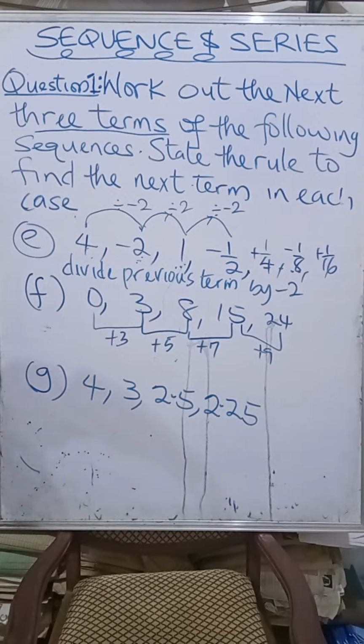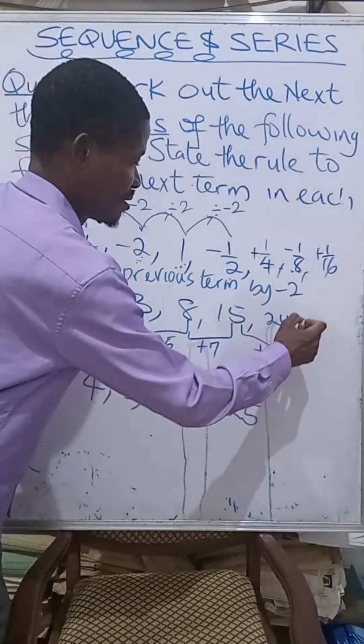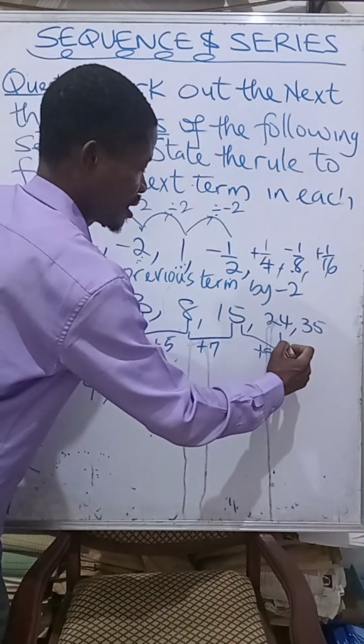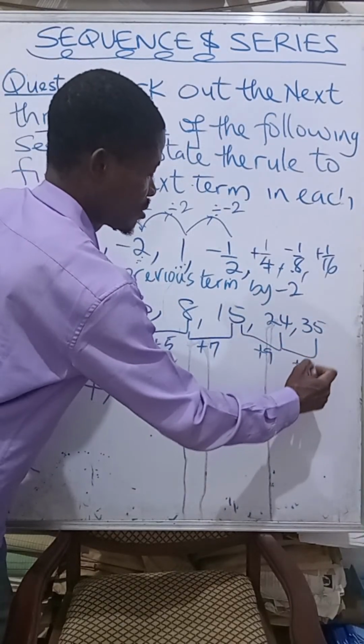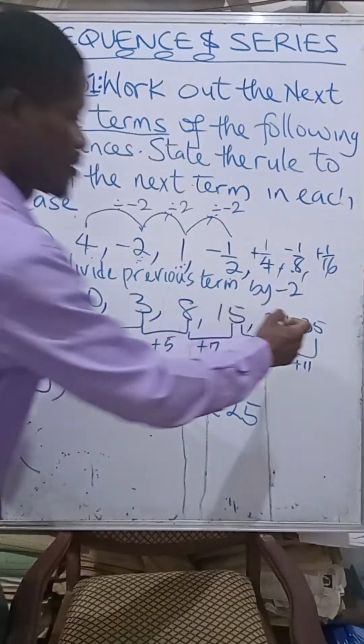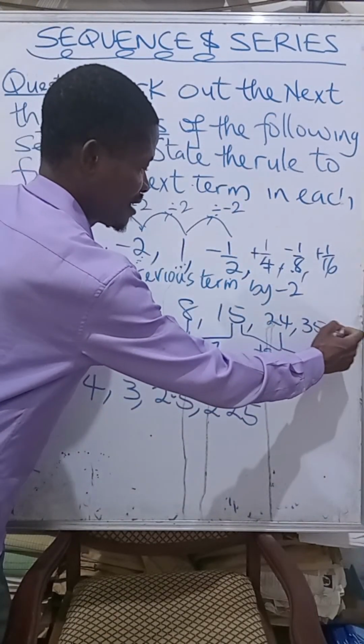Another odd number, that's 11. So plus 11, that's 35. And then plus 13, that's 48.